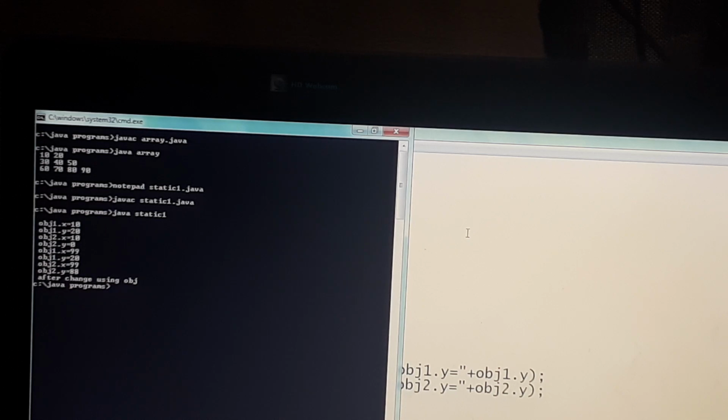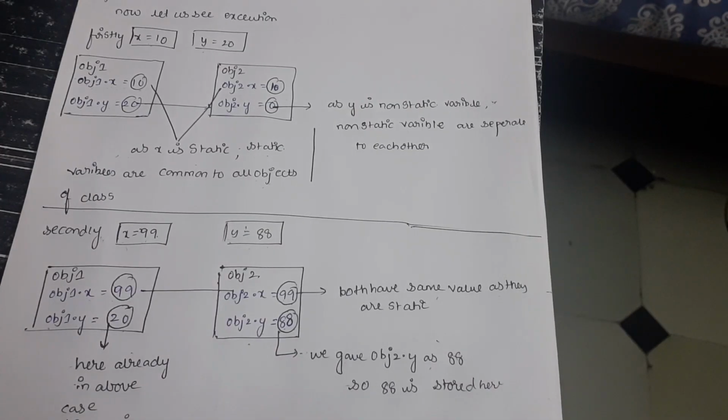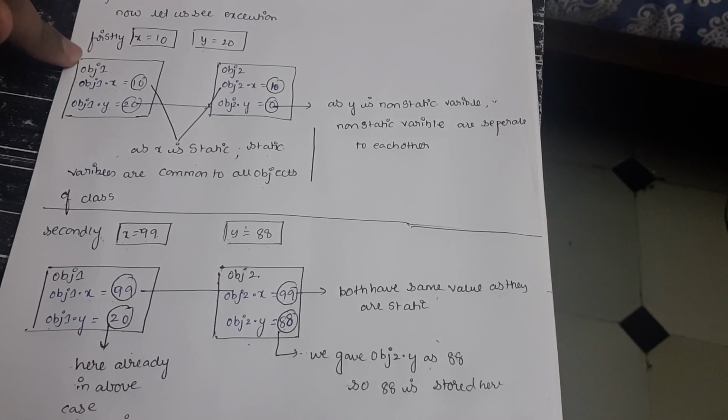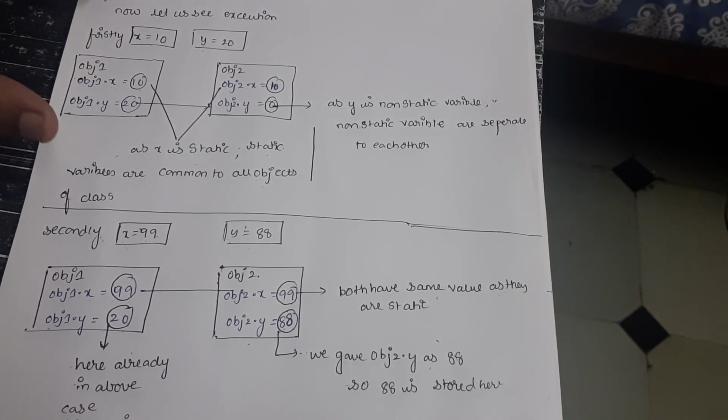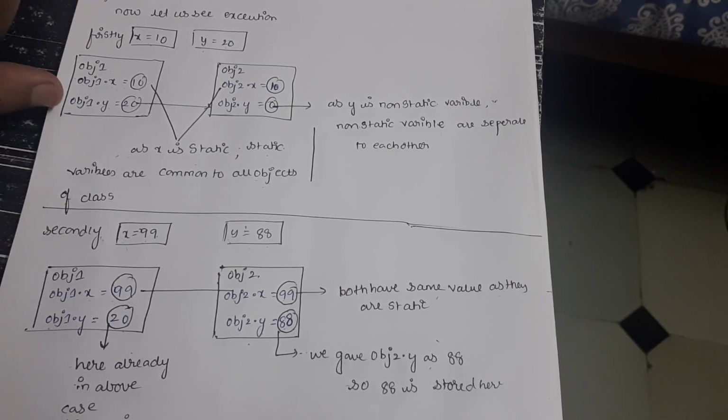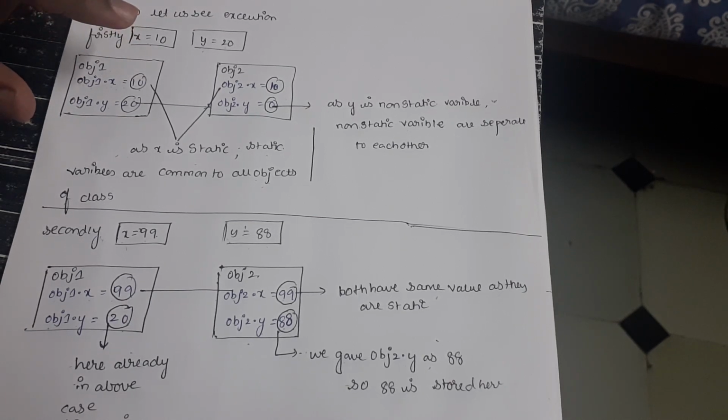These are the outputs of the values which I had already shown you in this lecture. Now the output I am showing you on paper once again. Object1.x is equal to 10, object1.y is equal to 20, object2.x is equal to 10, object2.y is equal to 0.